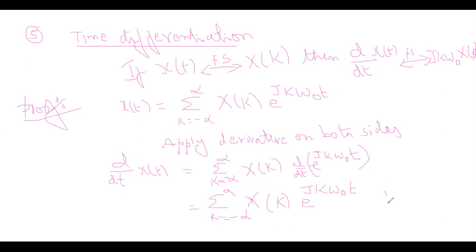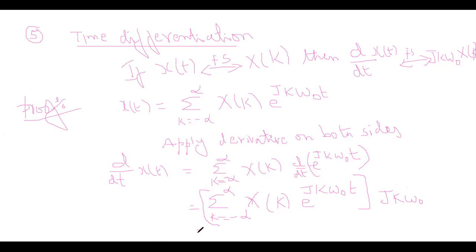The coefficient of t here is jkω₀. This is a factor. You see, this is the same equation: sum of X[k] e^(jkω₀t).